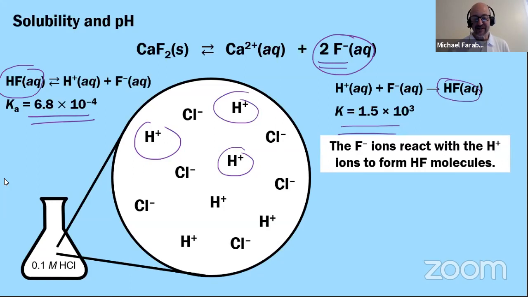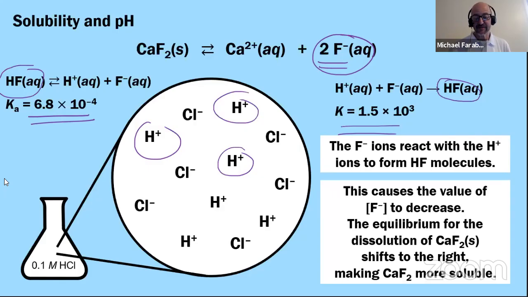And that's going to cause the concentration of F minus to decrease. Now, according to Le Chatelier's principle, when you remove a product, then the equilibrium will shift toward the right, and that makes calcium fluoride even more soluble in an acidic solution like HCl than it would be in pure water.